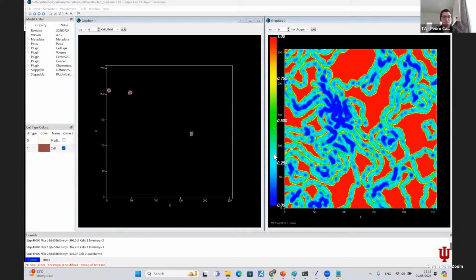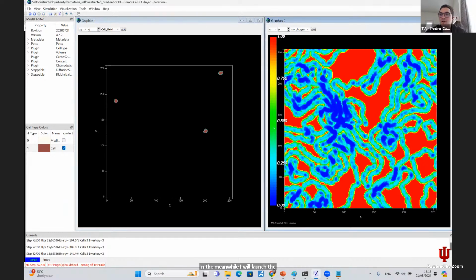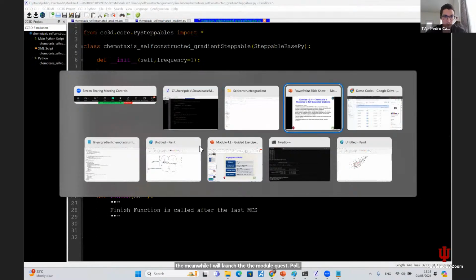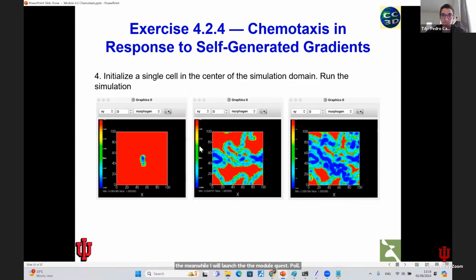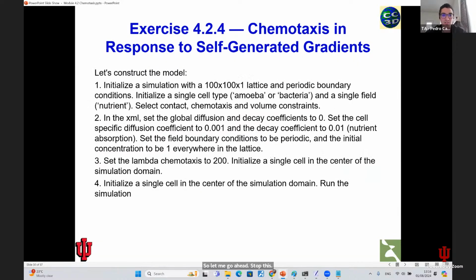So I think this is officially Q&A. I would like people to ask questions if you have any. In the meanwhile, I will launch the module questionnaire poll. So let me go ahead, stop this. And as homework, please build the self-generated gradient.